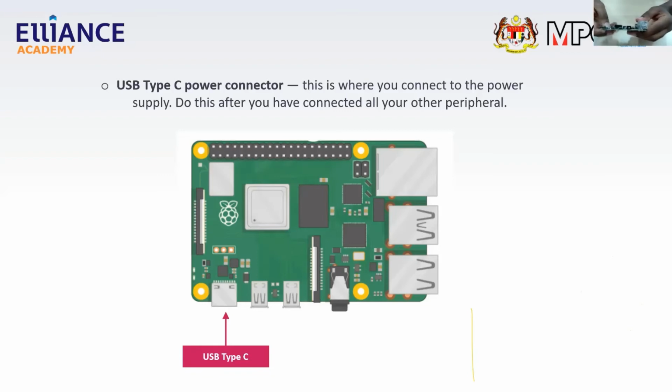This is the latest one, so you're using the latest USB type. If you use an older version, it might be micro USB Type B. All models up to the Raspberry Pi 3 require a micro USB connector, while the Raspberry Pi 4 uses a USB Type C connector. So this is what I meant by C. This is a USB Type C. Previous versions use micro USB Type B.